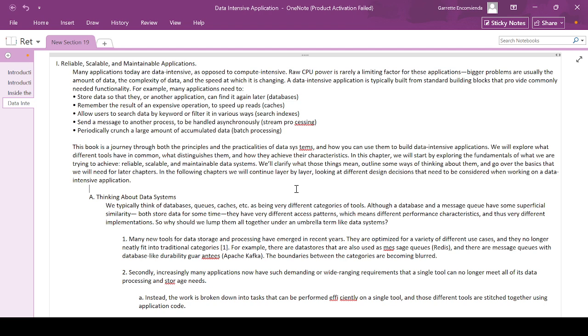We'll clarify what those things mean, outline some ways of thinking about them, and go over the basics that we will need for later chapters. In the following chapters, we will continue layer by layer, looking at different design decisions that need to be considered when working on data-intensive applications.